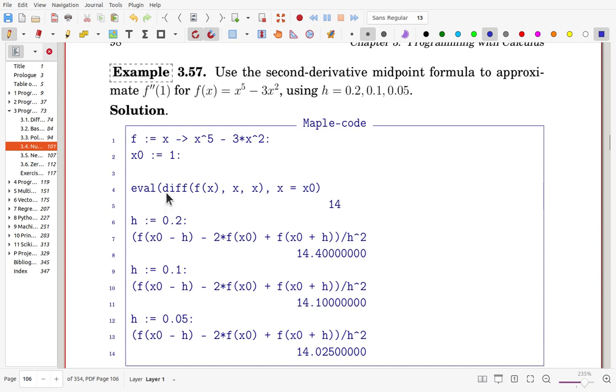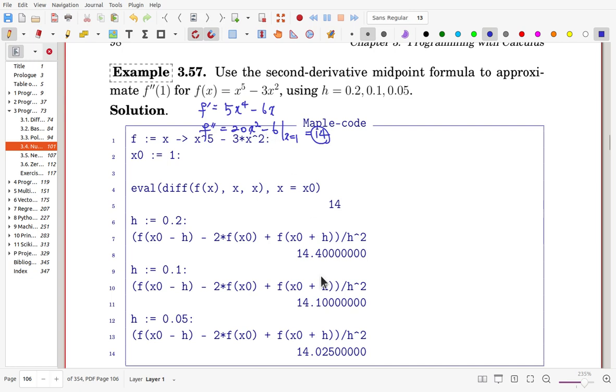After taking the second derivative and evaluating at x0, the true value is 14. In fact, f prime is 5x to the 4 minus 6x, and again f double prime equals 20x cubed minus 6. Once x equals 1, the value is 14. So we have the true value 14.